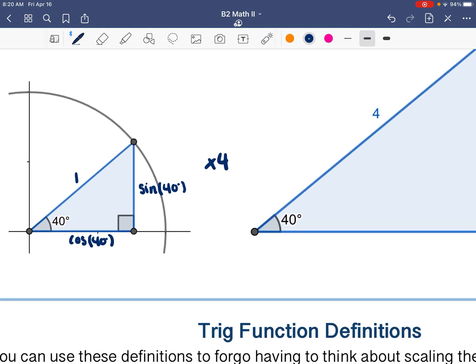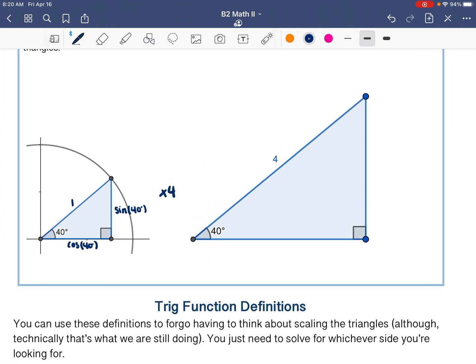So all we need to do is scale those values up by 4 to get the larger triangle's side lengths. Because we know that they're proportional, so we might as well just multiply them by our scale factor. So this side length is going to be sine of 40 times 4, because we're scaling it up, and this one's going to be 4 times cosine of 40.